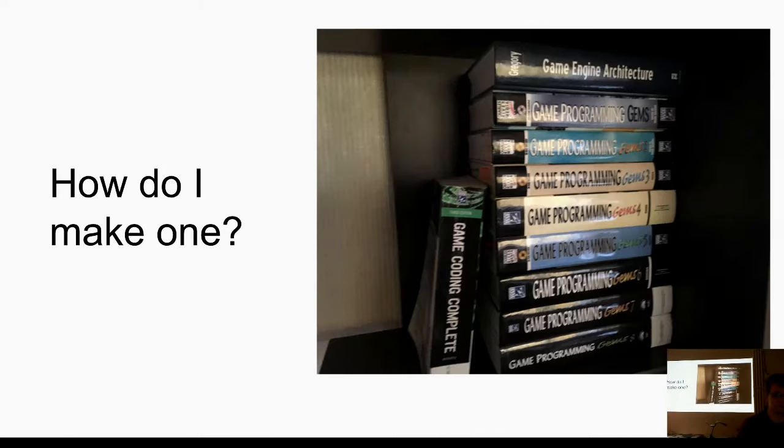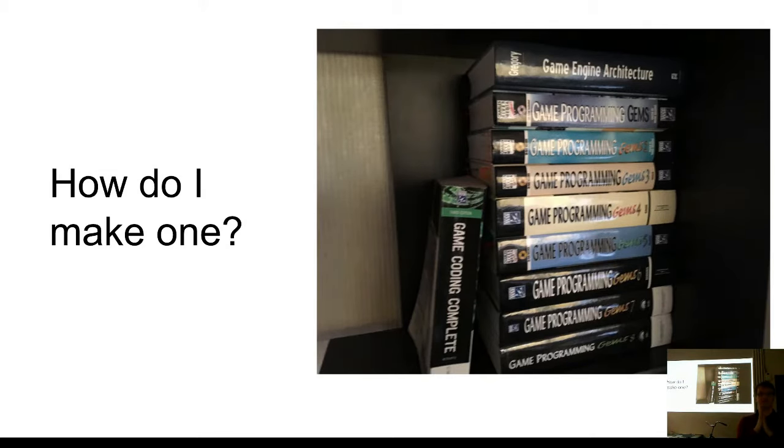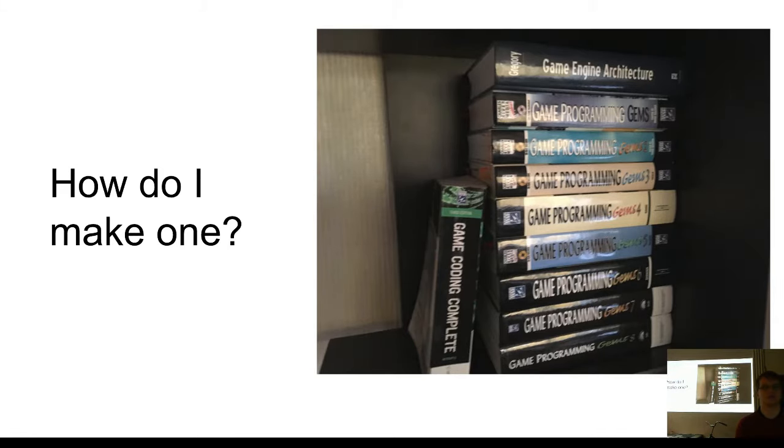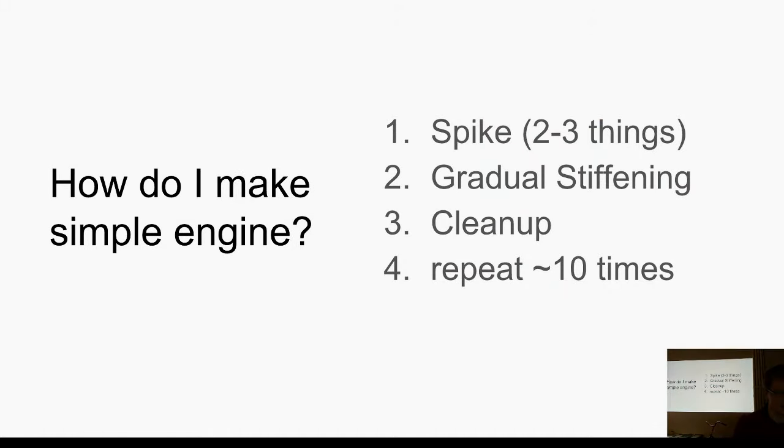So how do you make one? It's pretty easy. You read a bunch of stuff. Well, actually, this reading isn't necessary. You can get it done much simpler. Has anyone heard of the term spiking?